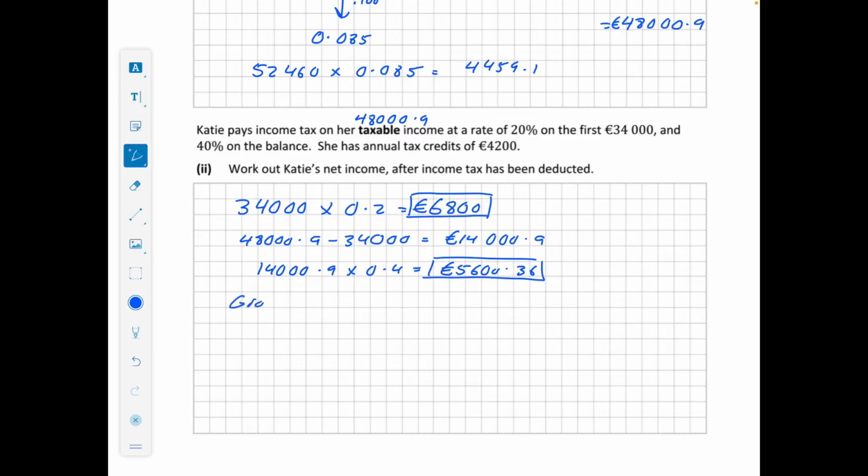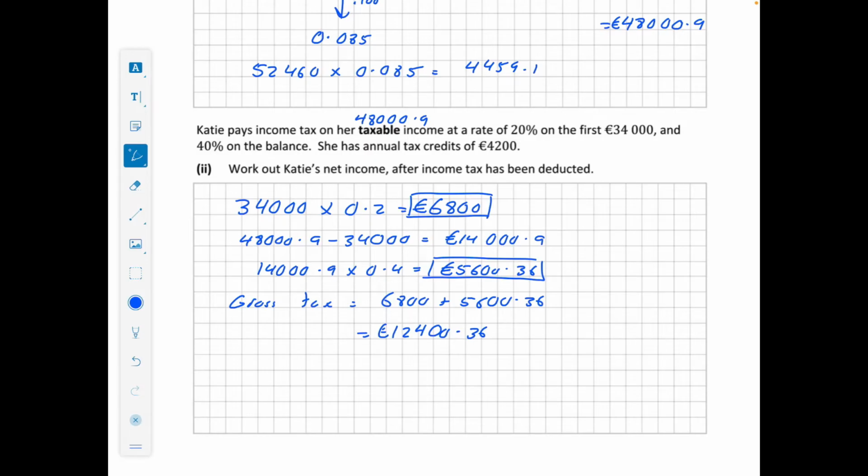Okay, so her gross tax then is going to be those added together. So plus 6,800. That will give me, in total, she should be paying 12,400.36 in her gross tax. Now, that's not the real answer because she has some tax credits.